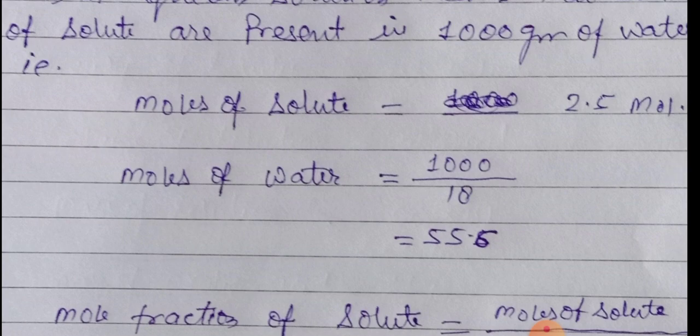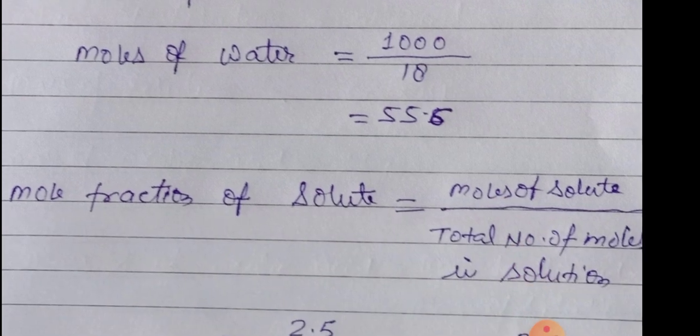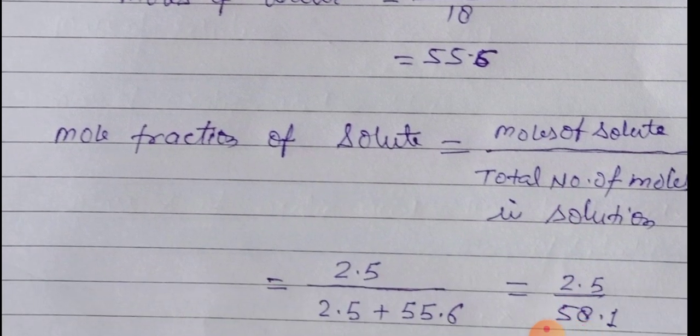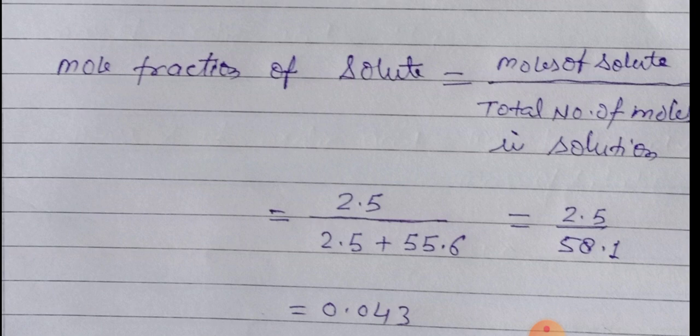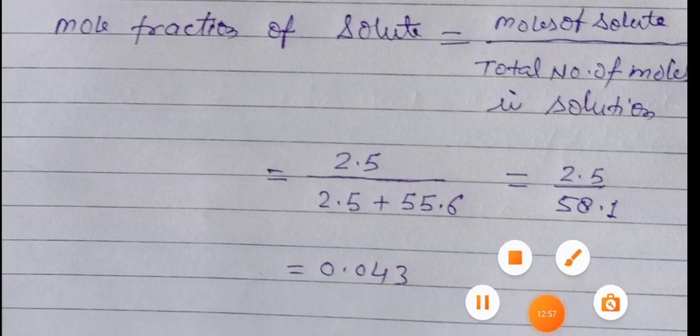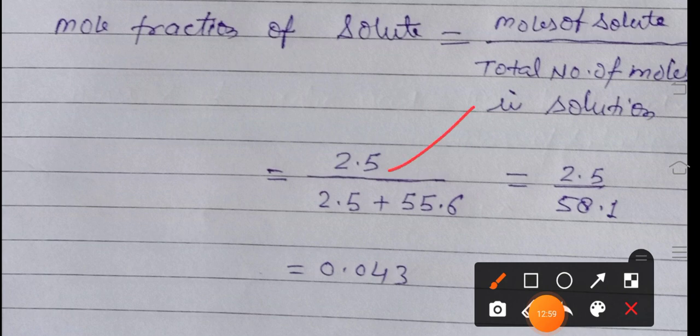Now the mole fraction of the solute is equal to moles of solute divided by total number of moles in the solution. Now we put the values. Moles of solute is equal to 2.5.